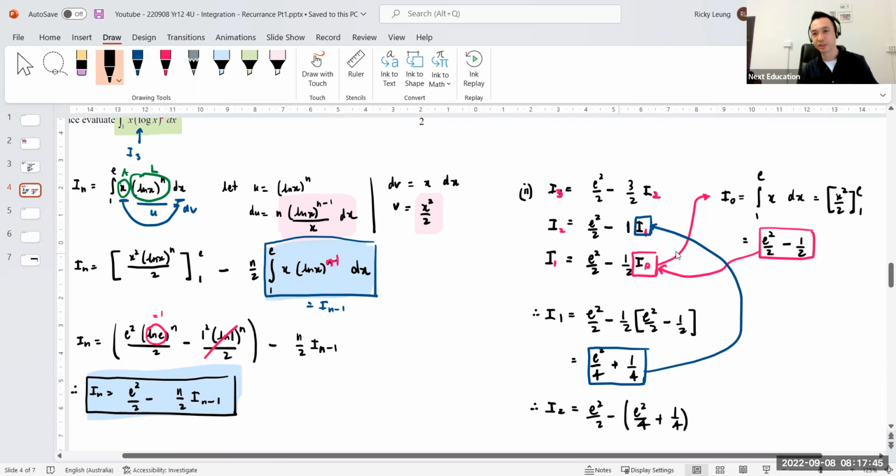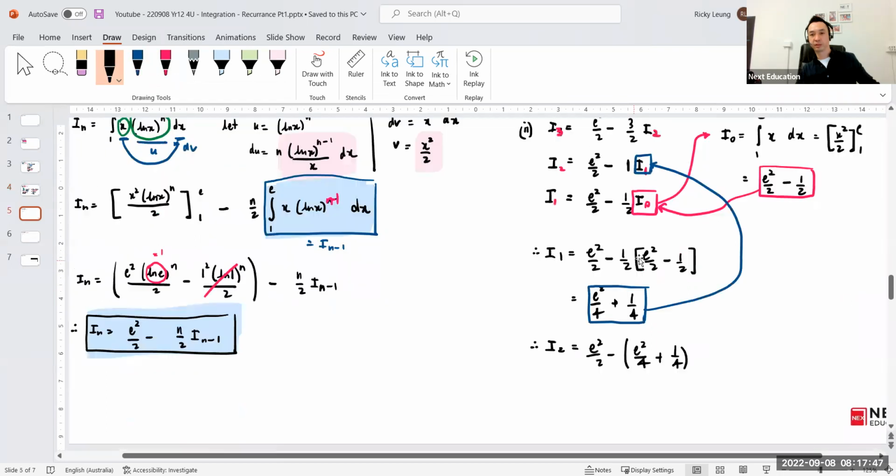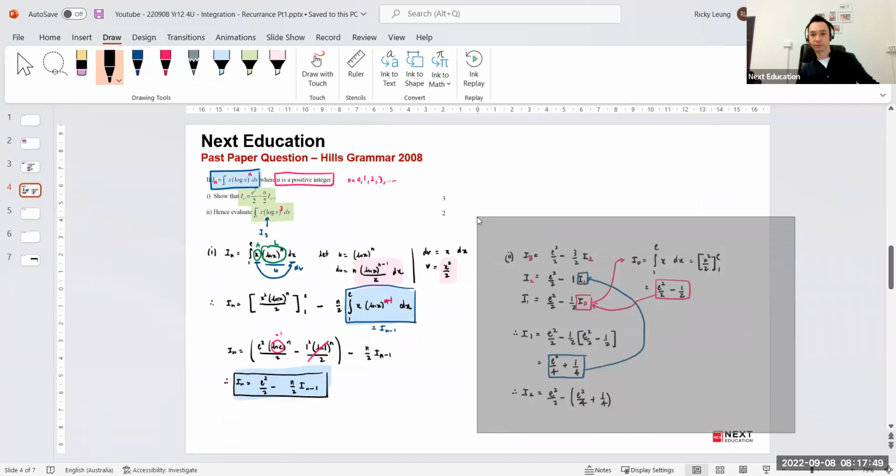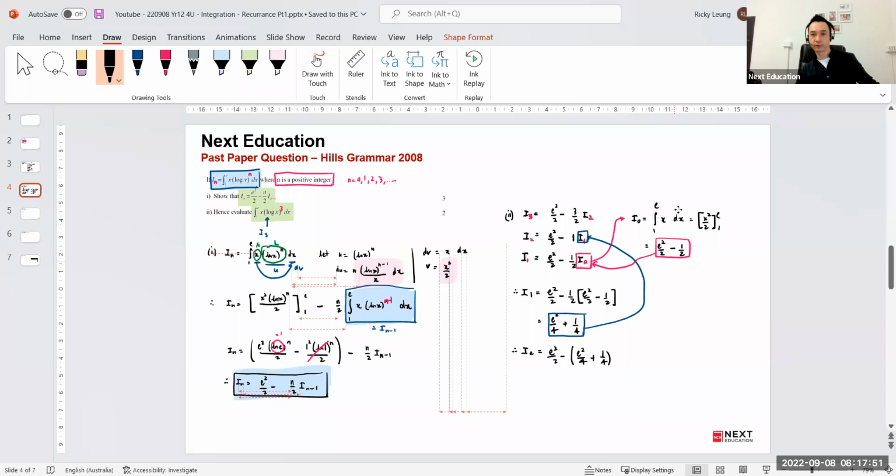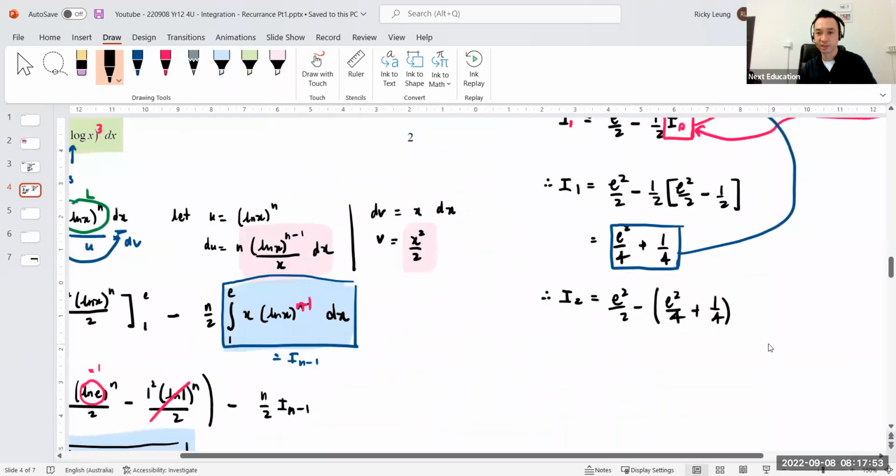How much space do I have? Not much. Anticipating it might take a while. That's a half minus a quarter again, to that e squared on 4 minus a quarter.